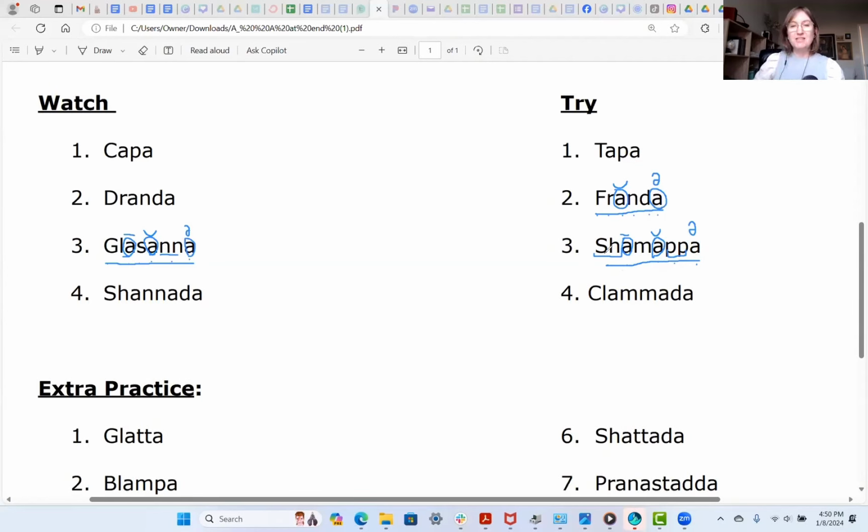Only air comes out, shh, and it's sustained. You can hold on to it. This A is going to say "a." This A will say "a." And this A will say "ah." 3 A's saying 3 different things, but we know when and why. So the sounds are sh, a, a, p, Shemapa. Shemapa. Did you get it? Give me a thumbs up if you got that one. Oh, that's okay. It's okay if you didn't. This is hard stuff.